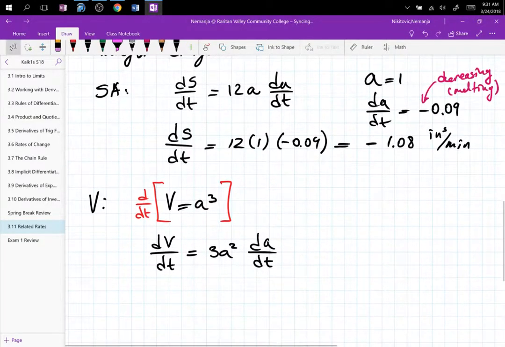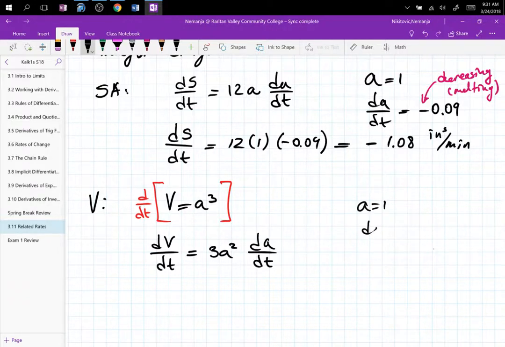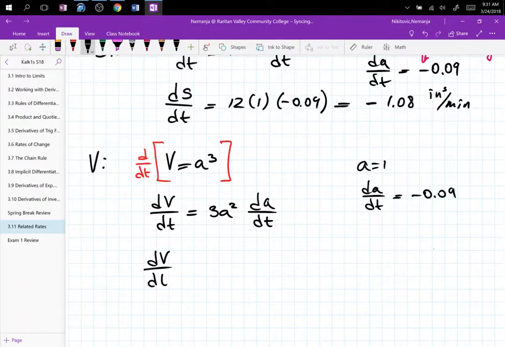You still have the same info from before, that a is equal to 1 and dA/dt is equal to negative 0.09. So now you plug that in to see the change in volume. That's 3 times 1 squared times negative 0.09.